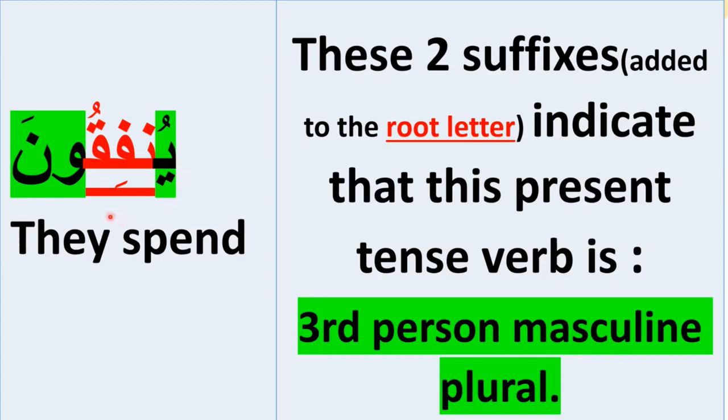Waw and una, these two suffixes added to the root letter indicate that this present tense verb is a third person masculine plural.